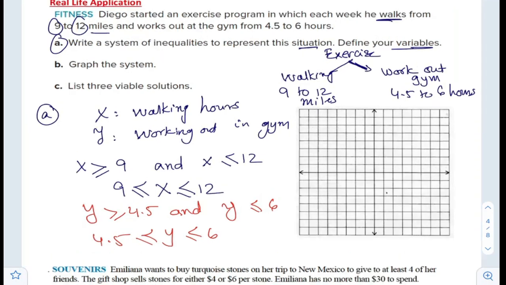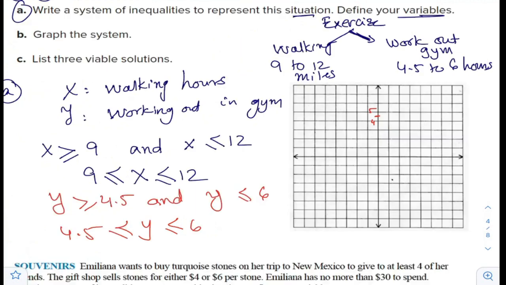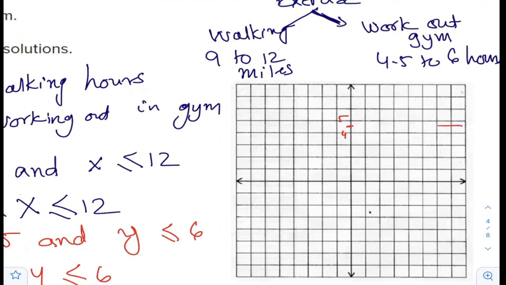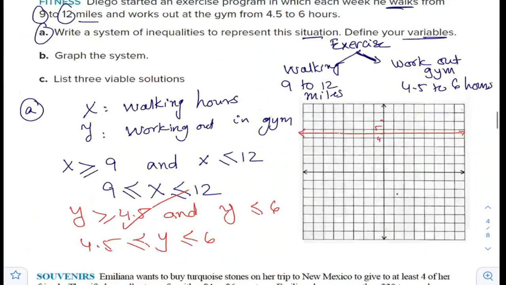Remember, Y is the horizontal line. So this is the 4 and this is the 5. 4.5 is here. And it is a horizontal line and solid because it's more than or equal to 4.5. So here, this is Y equal to 4.5. We are done with that one. And this is 6.